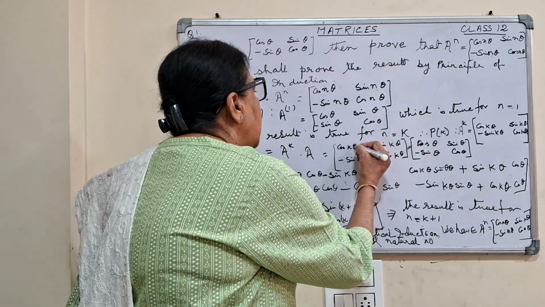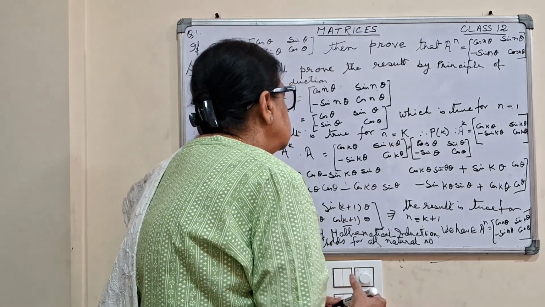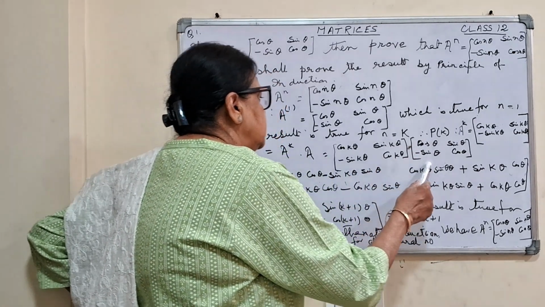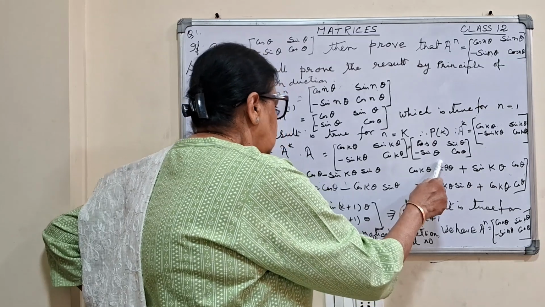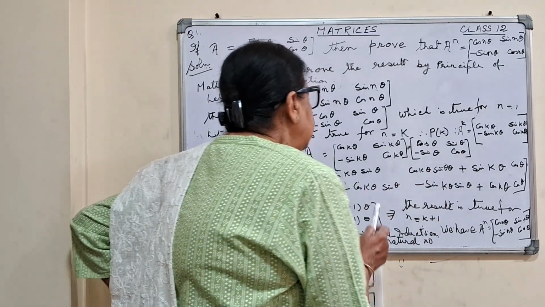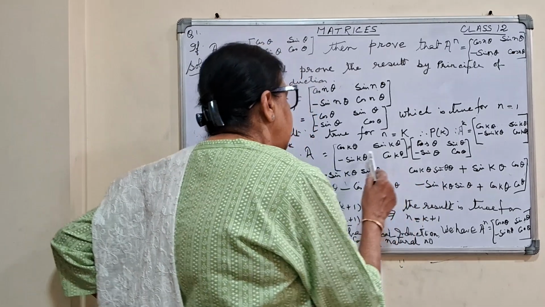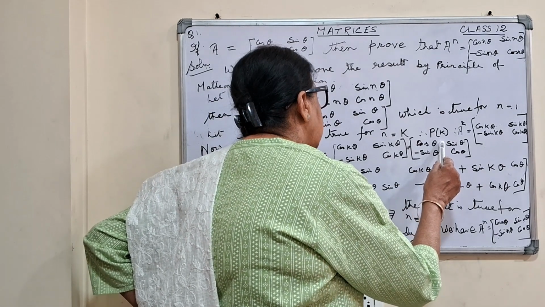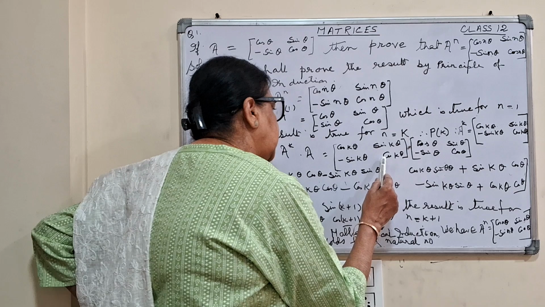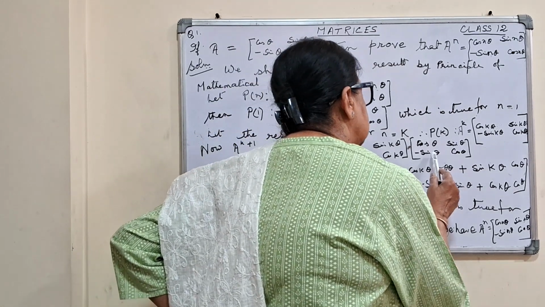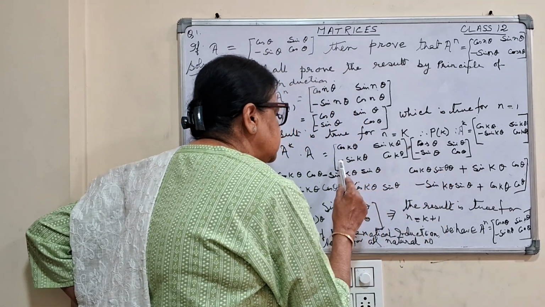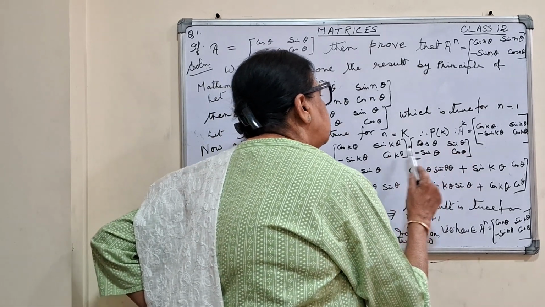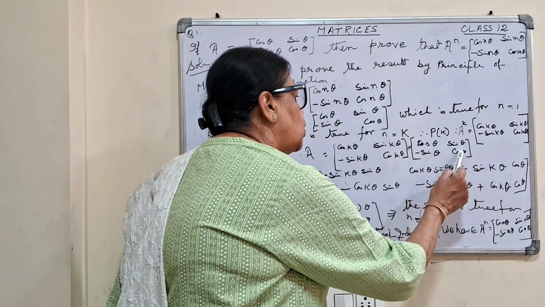Second line: minus sin k theta cos theta minus cos k theta sin theta, and minus sin k theta sin theta plus cos k theta cos theta.